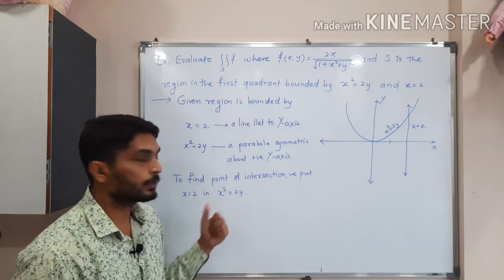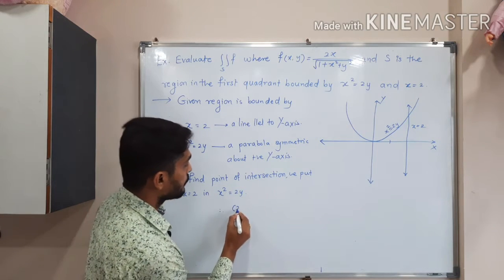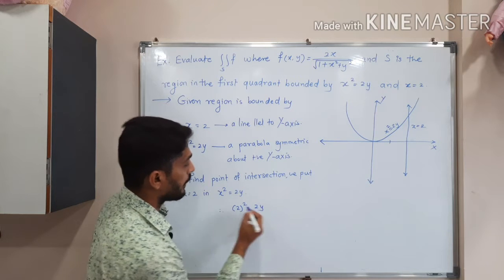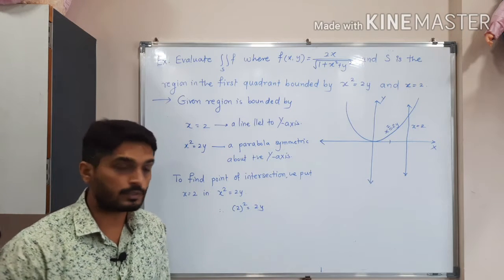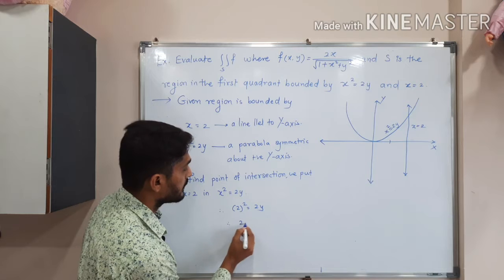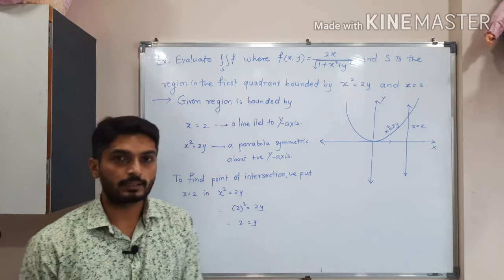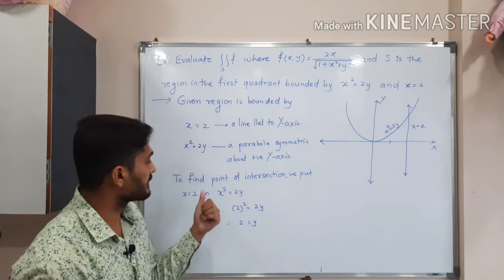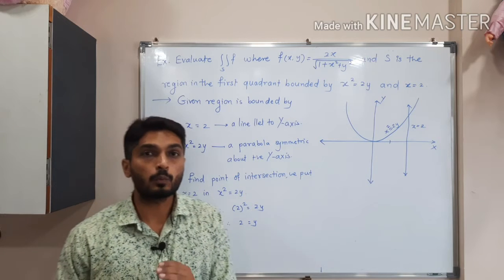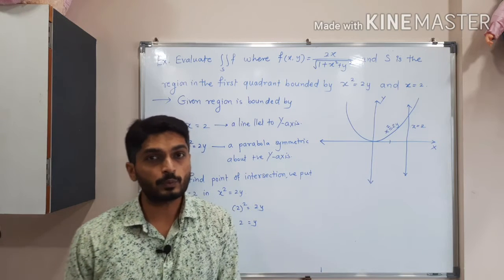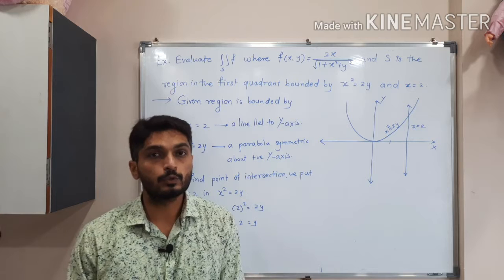If I put x is equal to 2 here, obviously we will have 2 square is equal to 2y. So I can cancel 2 from both sides and we will have 2 is equal to y. That means simply y is equal to 2. So already we have x is equal to 2 and here we are getting y is equal to 2. So that's why the point of intersection is 2, 2.